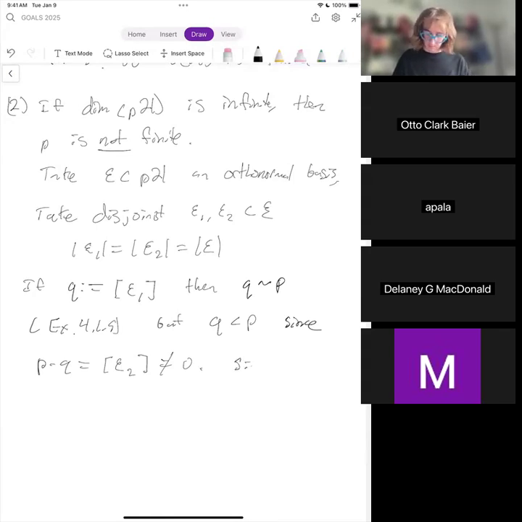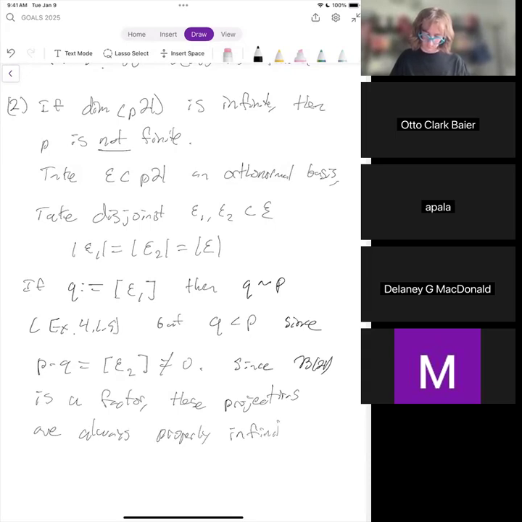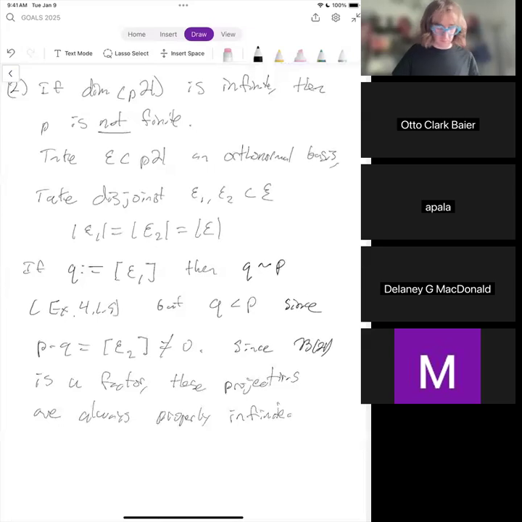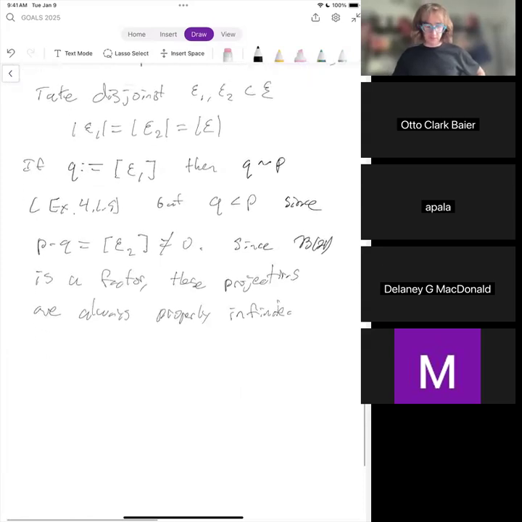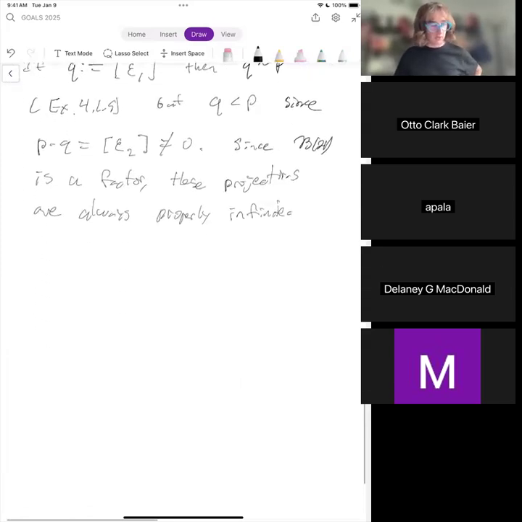And since B of H is a factor, these projections are always properly infinite. Okay, and so we'll get more work with these definitions as we keep going.